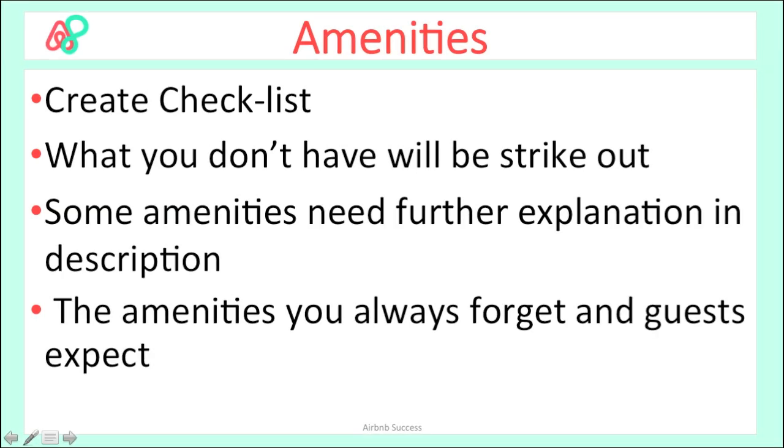Let's go down and explain a few amenities in the description, such as laundry, parking on premises, breakfast, pets, smoking, the gym. Those are the things that you tend to be asked over and over again.